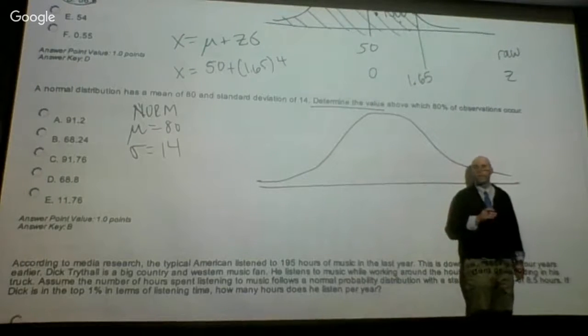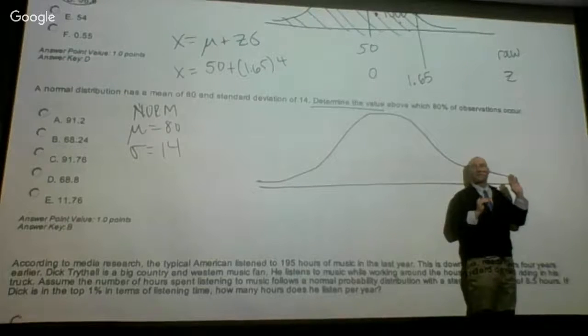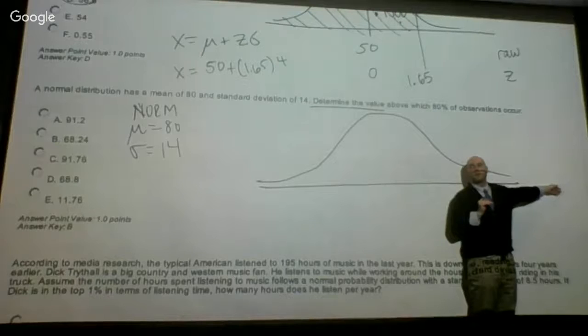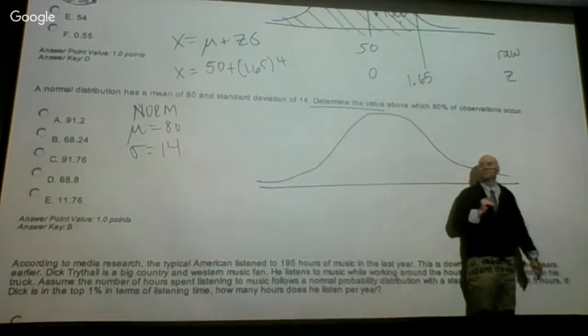Over here, 80% of the values are above me. Is that possible? Why is that not possible, Jane? What? There's a bit of variation.